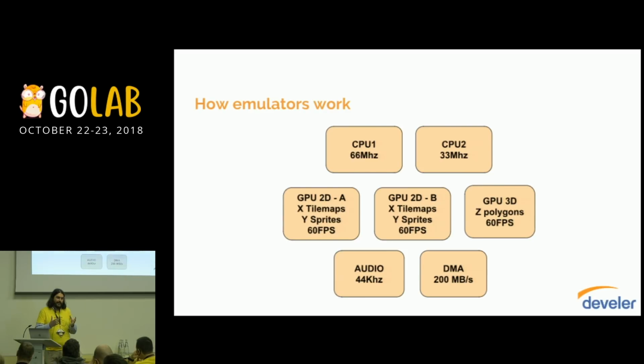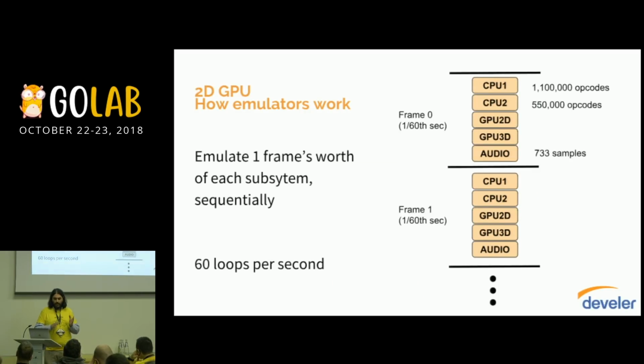So historically, what emulator writers did was to serialize everything, interleaving the emulation. So, for instance, let's say that you interleave your emulation every frame. In the first frame, you want to emulate one frame of graphics, which is 1/60th of a second, because you run 60 frames per second. And so you need to emulate the first CPU for 1/60th of a second.